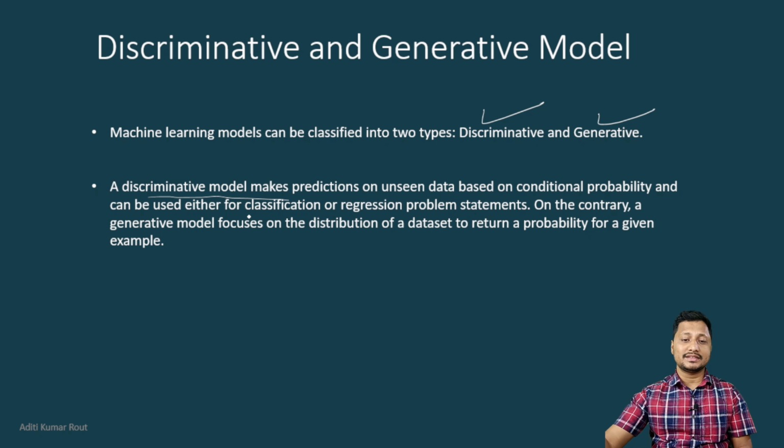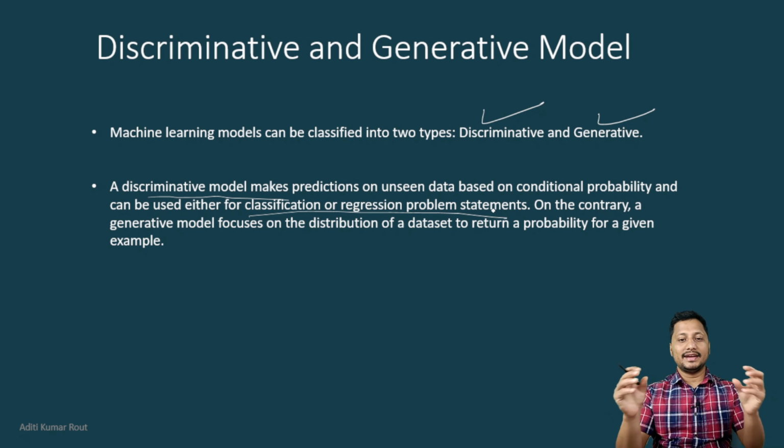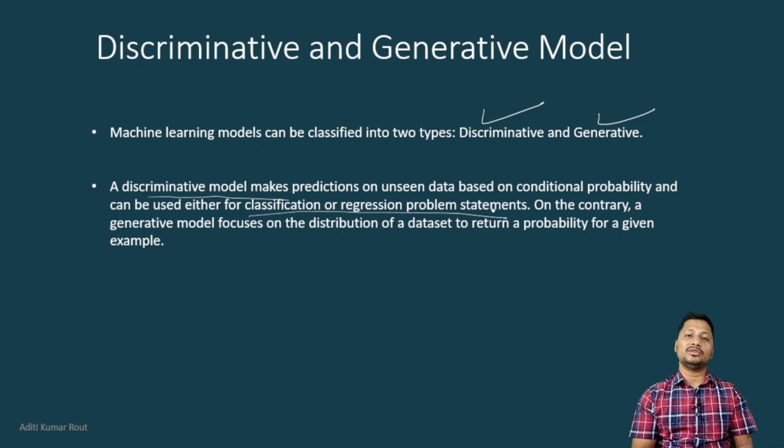Classification and regression are supervised machine learning, where we have some labeled data, target data, as a reference. At that time we use the conditional probability to predict something, to get the probability that a particular thing will happen. This is the fundamental concept behind the discriminative model.